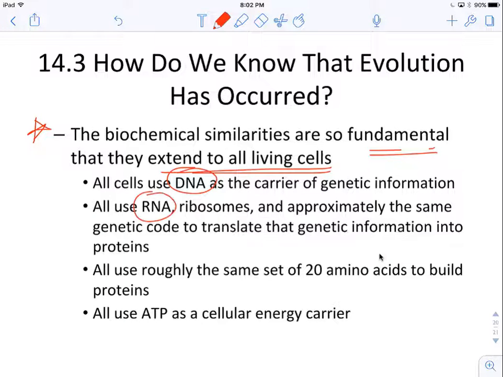All cells use RNA, ribosomes, and pretty much the same genetic code to translate that genetic information into proteins. All cells use the same 20 amino acids to build proteins, and all cells use ATP as their energy currency. Okay, again, all these similarities are evidence that we evolved from a common ancestor.